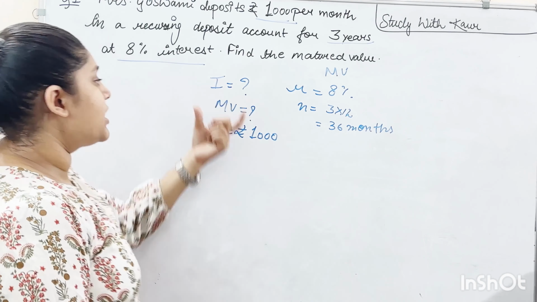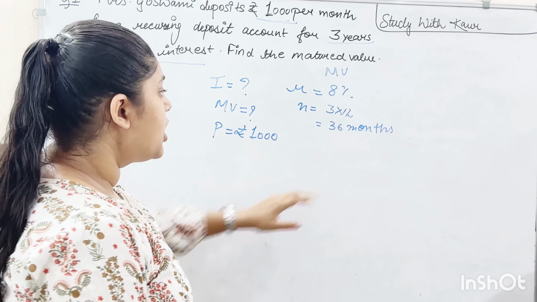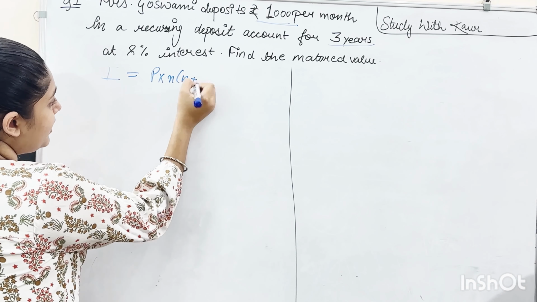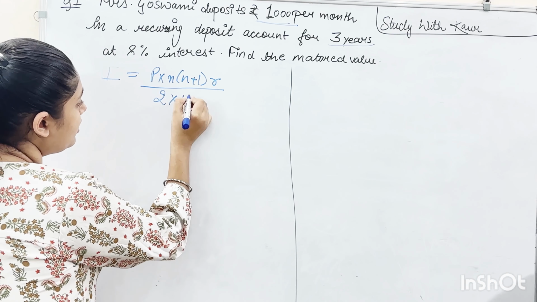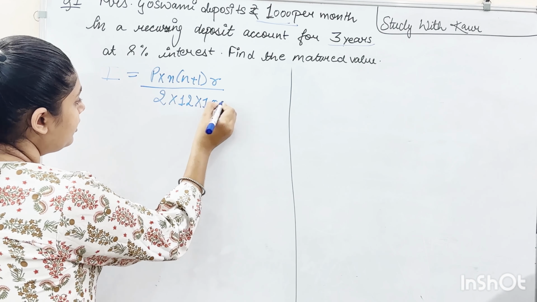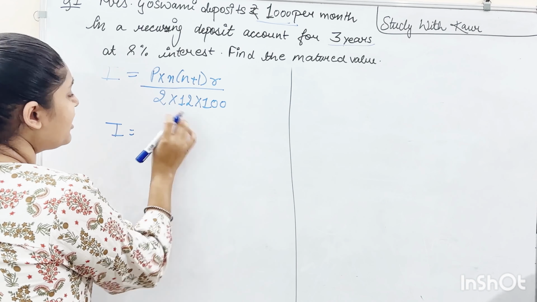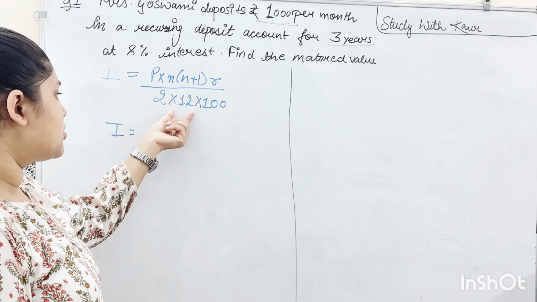So according to the formula, you have to put it in. Interest is P into N into N plus 1 into R upon 2 into 12 into 100. Please don't put it as 24, because 12 will cut directly.